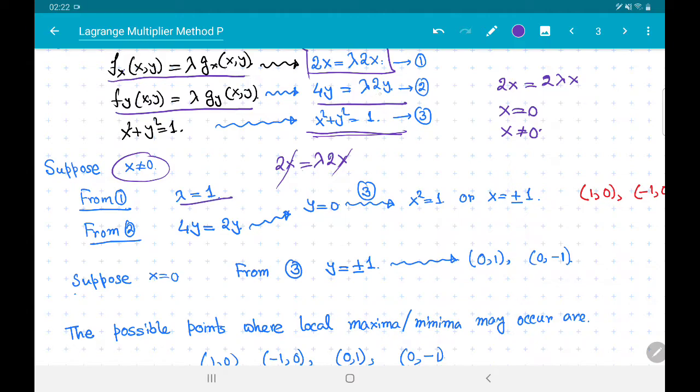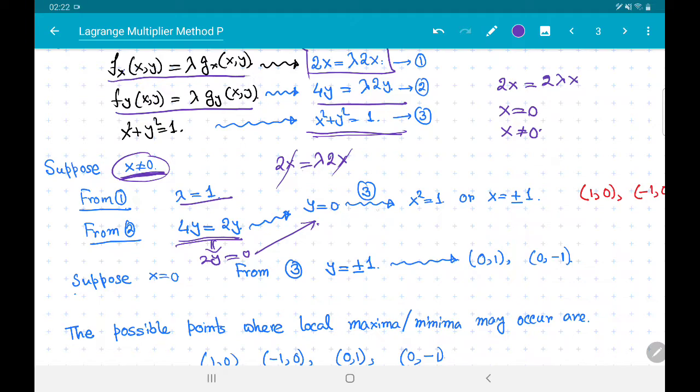From 2, what do we get? Remember that we are in the case x not equal to 0. From equation 2, what do we get by putting lambda equal to 1? We get that 2y is equal to 4y. So is it possible to have 2y equal to 4y? Well, this gives me that 2y is equal to 0, and this in turn gives me y equal to 0.